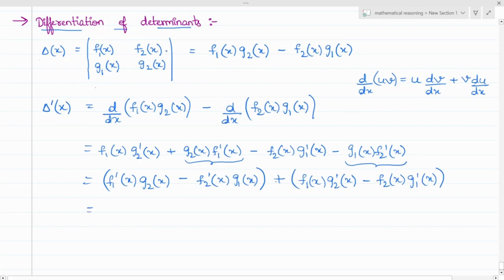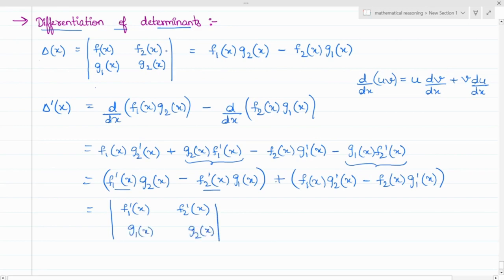So now if you observe, this is a determinant, right? How can we write it in determinant format? Here f1 dash and f2 dash will be the rows, and g2(x), g1(x) will be the columns. So it will be like this, g1(x) g2(x).